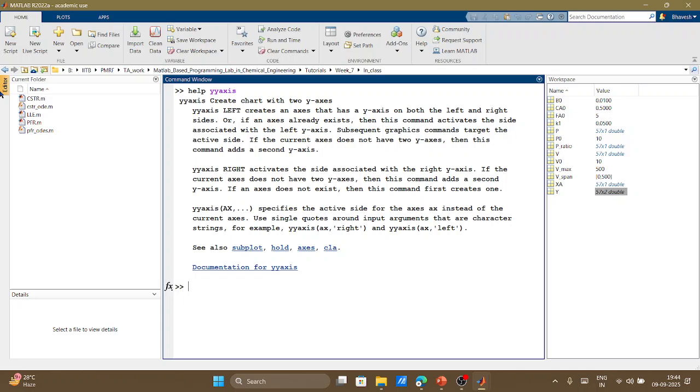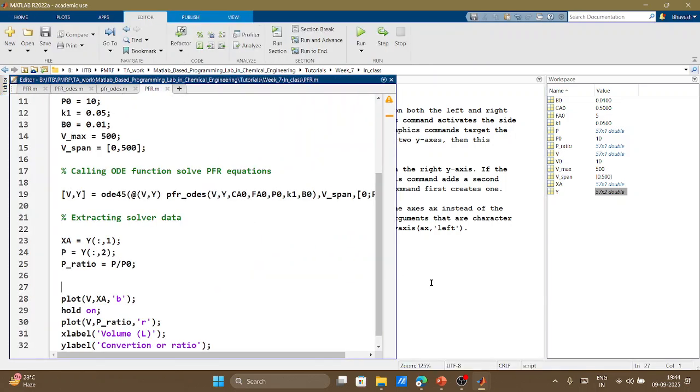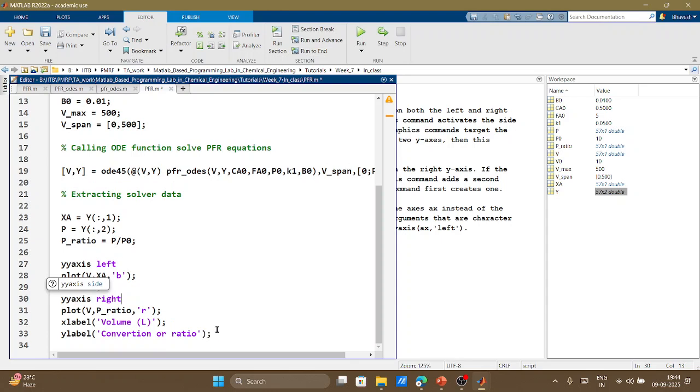You can see the documentation also; I'm just directly showing you right now. I do yyaxis left, okay? So I'm selecting to plot this on the left side. Then I do yyaxis right, and plot this on the right side, okay? And this is done.